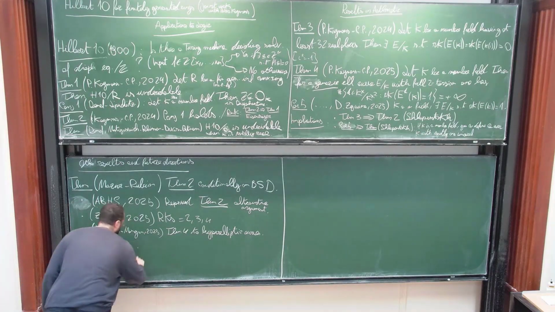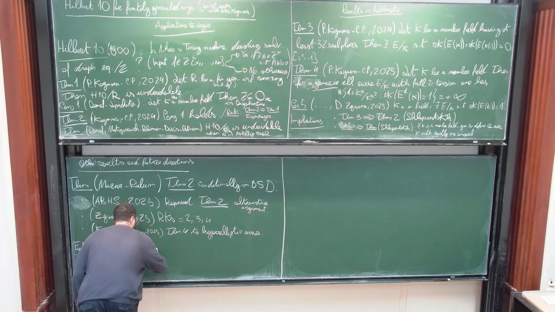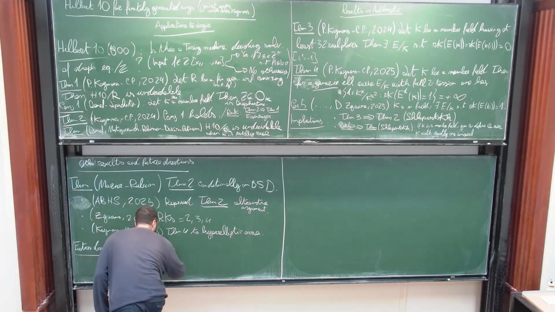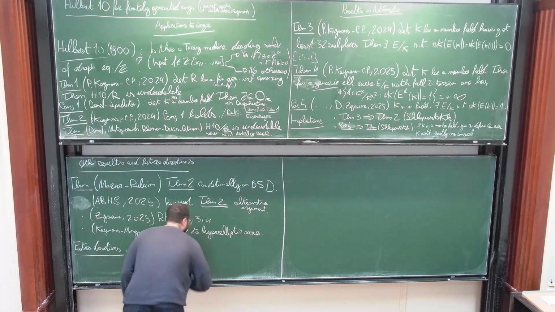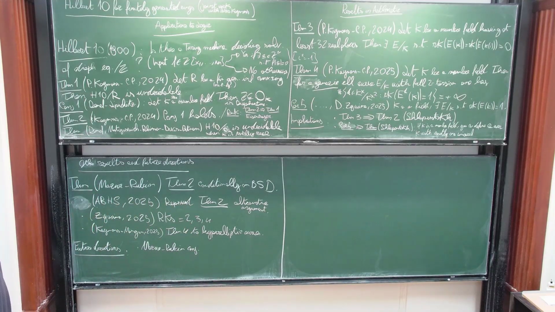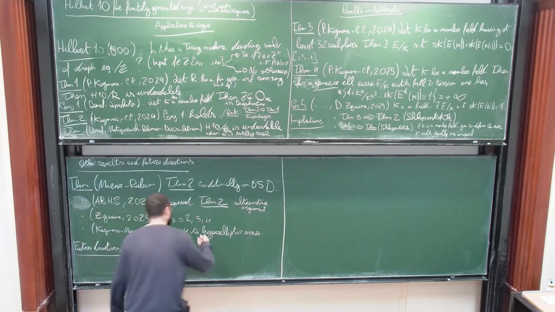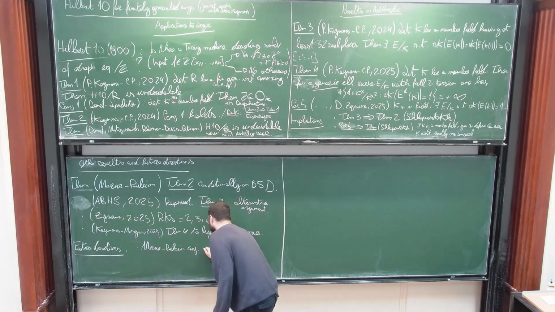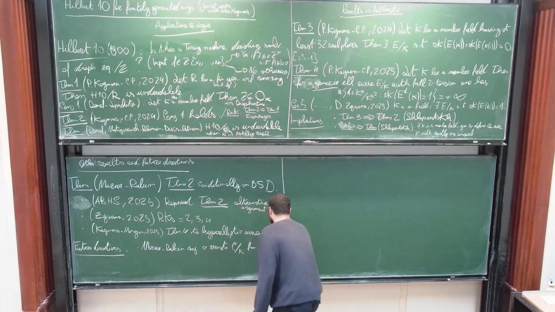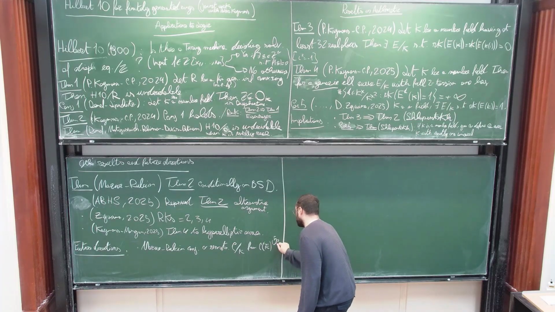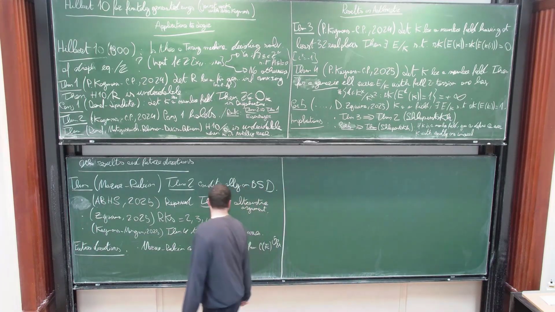I just want to mention two of them. One is a conjecture of Mazur-Rubin on reconstructing a curve over a number field k from the points over the algebraic closure, not taken just as a set, but as a Galois set.